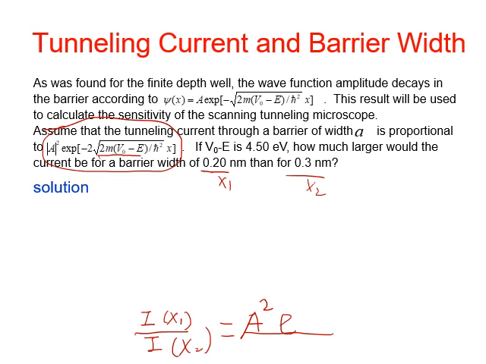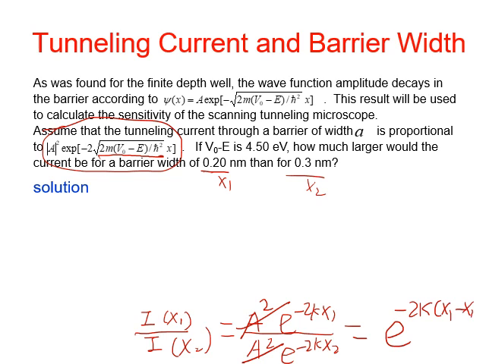Now let's combine all these as k, so e^(-2k x1) a squared over e^(-2k x2) a squared. The a squared cancels, so e to the power of minus 2k(x1 minus x2), the power difference.